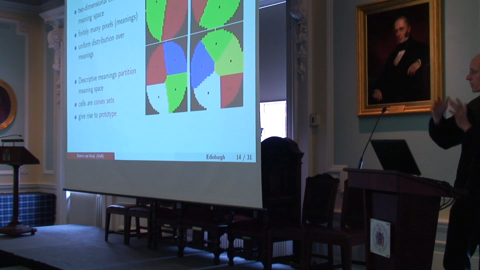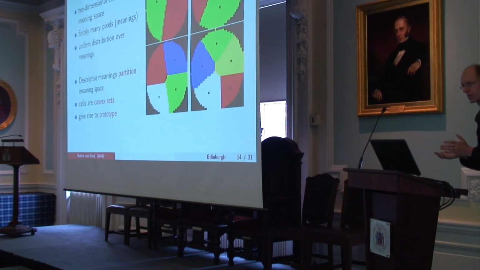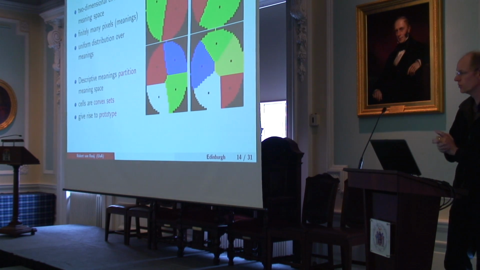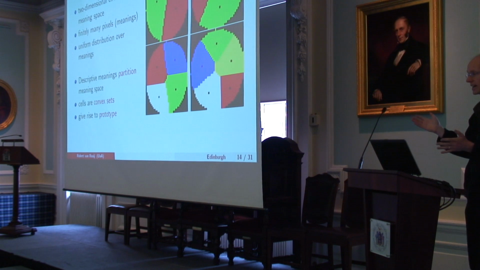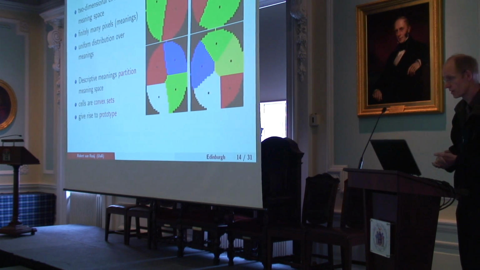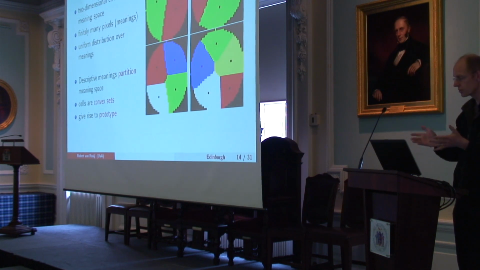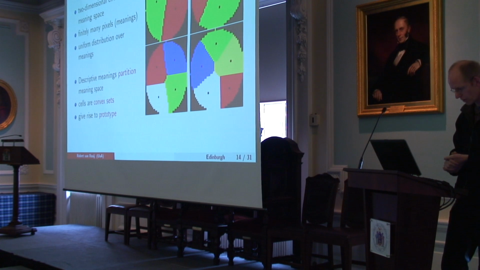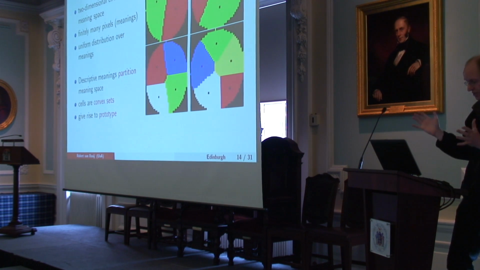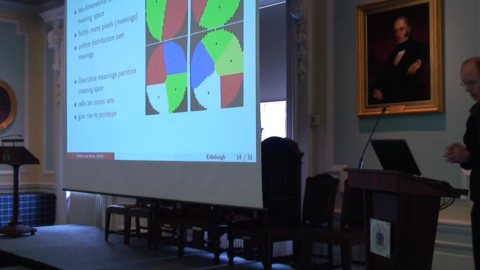Here we started with, okay, you can only use 3 different color words. If you get 2, so when you have a different meaning space, for instance, a color, then you have the color circle divided in 2. If you have 4, then you divide it in 4, and so on. But always you get descriptive meanings that partition the meaning space into convex sets, and you get also a prototype.